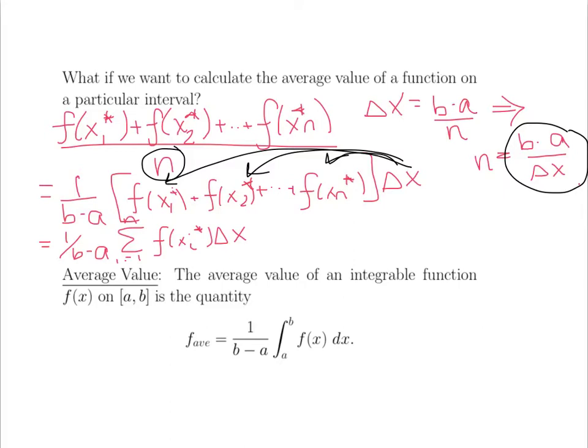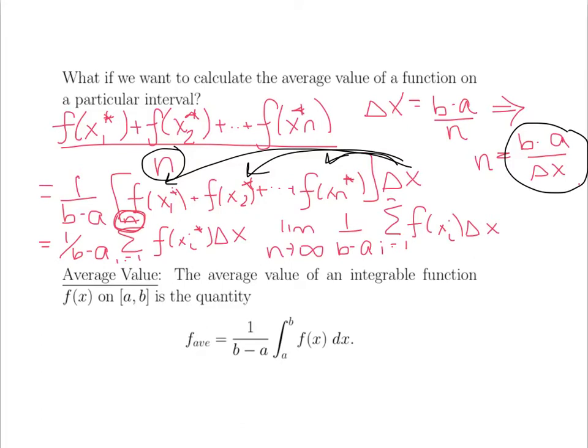And then the idea is we want the average value of the function. We only took n values, right? But a function has an infinite amount of values. It doesn't just have values at 1, 3, and 5. There are values at every number between 1, 3, and 5. So what we want to do is take this n and think about taking the limit as n goes to infinity of 1 over b minus a, the sum, i equals 1 to n, of f of xi star delta x.